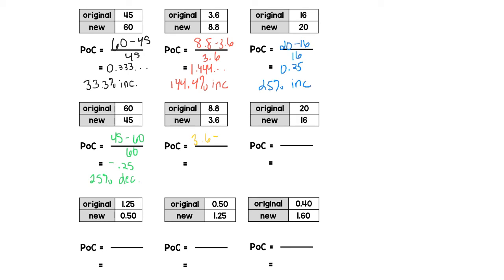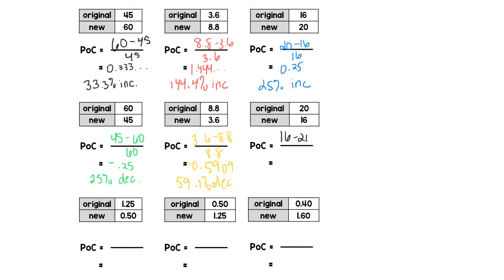New minus old over old is negative 0.5. I'm writing one thing and saying another, let me fix that. Negative 0.5909. That's a 59.1% decrease.